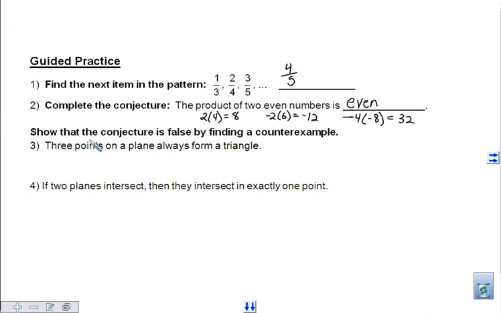Next up, we want to show that the conjecture is false. So we're already being told that the conjecture is false, and we want to find a counterexample. First one, 3 points on a plane always form a triangle. So we need 3 points on a plane. We don't want them to be a triangle. We did something that looked like this in the notes.